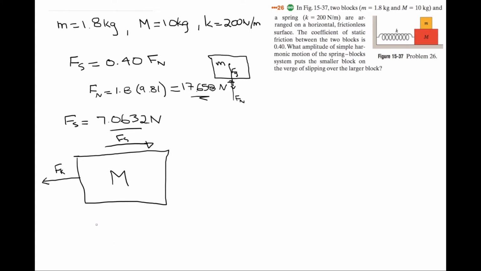Okay, I just wrote this as Fk from the spring. So we want the static friction force to be 7.06 newtons, and we want the spring force to be equal but opposite. So we're looking for when the spring force, Fk, is equal to 7.0632 newtons. And when does this occur?